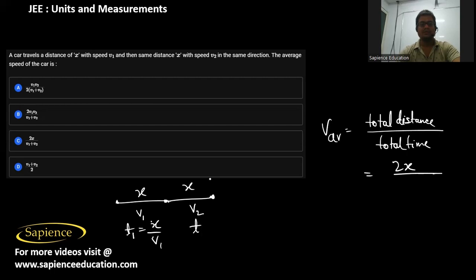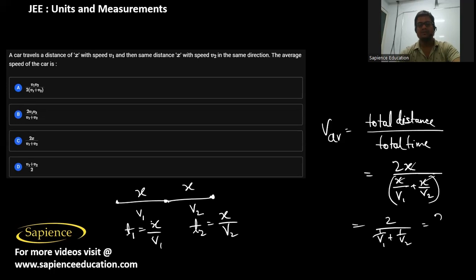So the time required in the second case will be equal to x by v2. So the total time will be t1 plus t2, that is x by v1 plus x by v2. So here x will get cancelled, then we will get 2 by 1 by v1 plus 1 by v2. So this will be 2 v1 v2 by v1 plus v2.